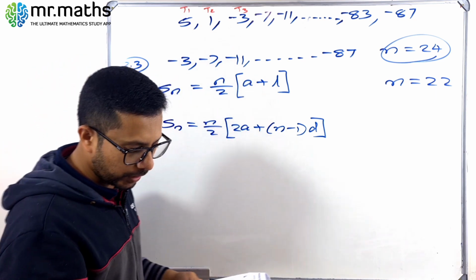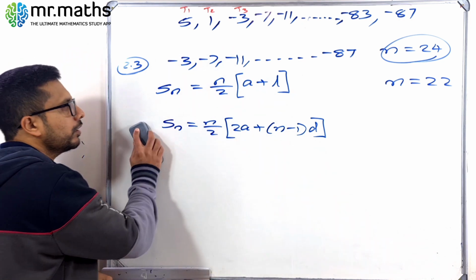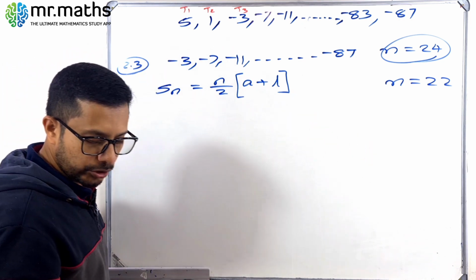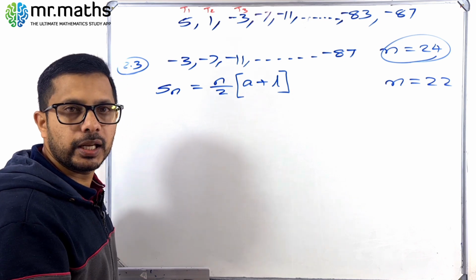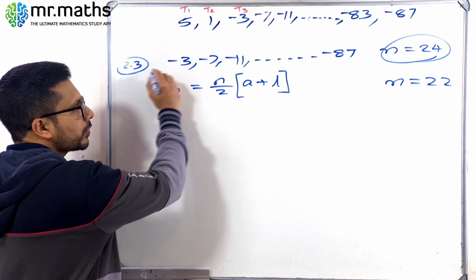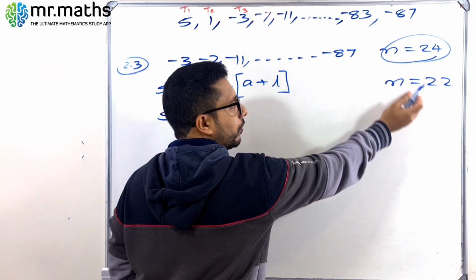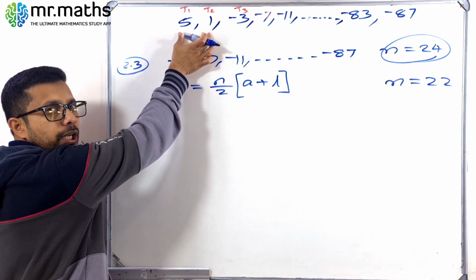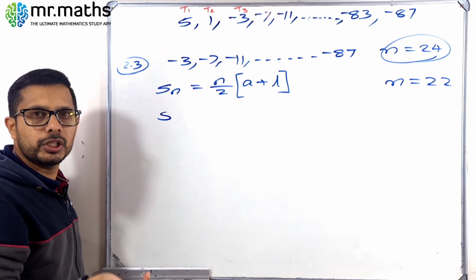Okay, so I'm using the first formula. So in this question, n over 2 into (a plus l). Okay, so here for Sn, how many terms are there? Not 24, it is only 22, because we avoided these 2 terms, because those are positive terms.